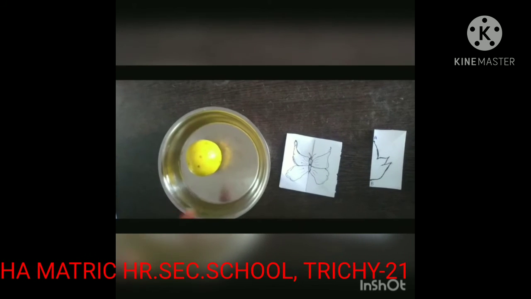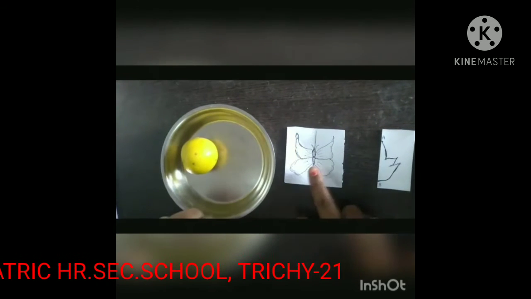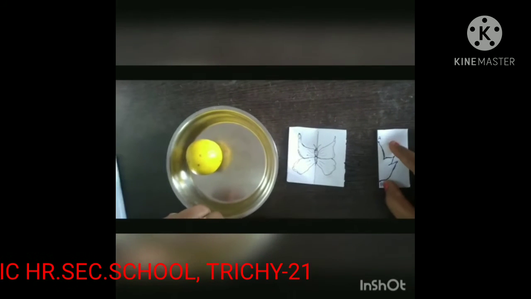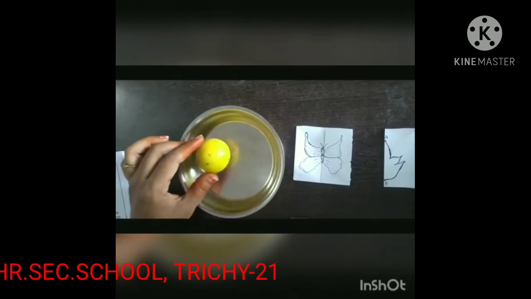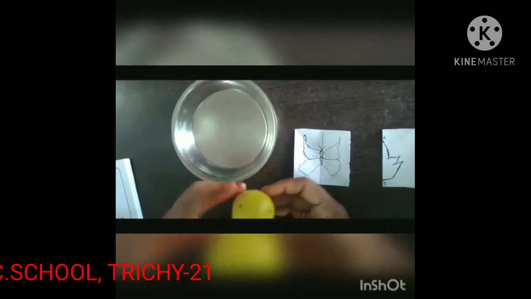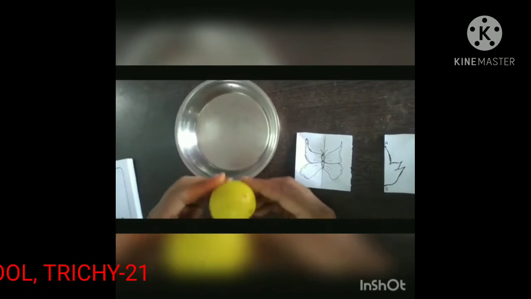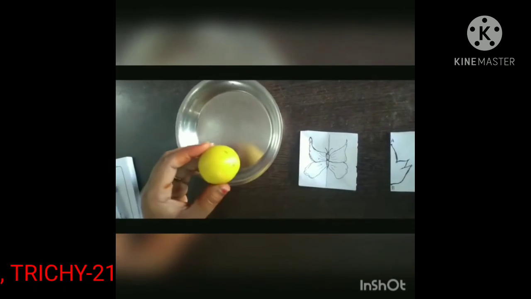Now let's see the symmetric object, symmetric line and symmetric shape. First, the symmetric object: you take any object like this and cut it through the center point, and we get two equal sizes.